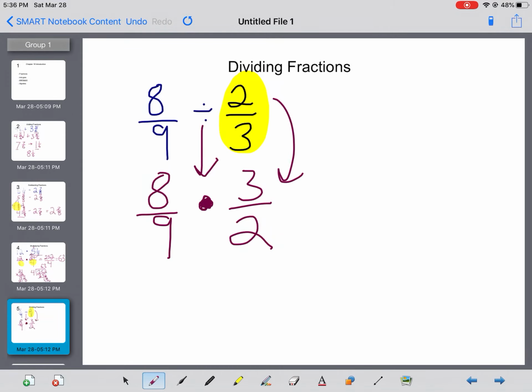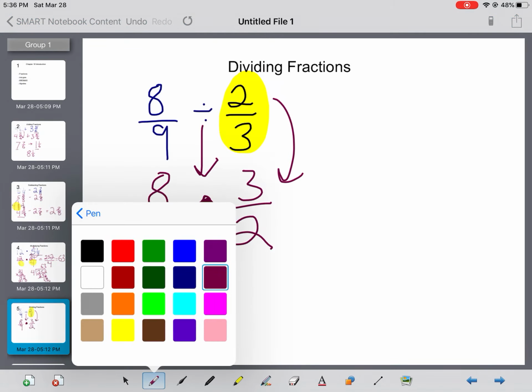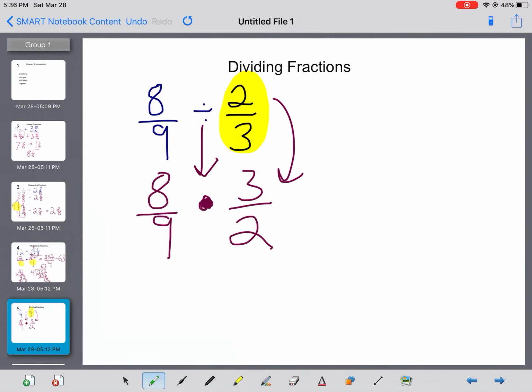Another thing that we can do here is some cross canceling. So we can look across and ask, how can I divide 8 and 2 to make them simpler? Well, I can divide 2 by 2 and I get 1. 8 can be divided by 2 and I would get 4. 9 and 3 can both be divided by 3.